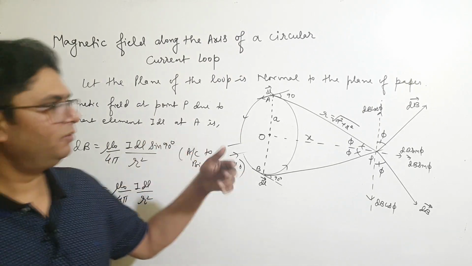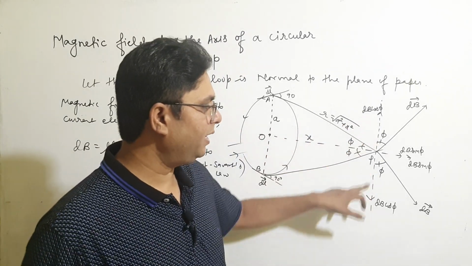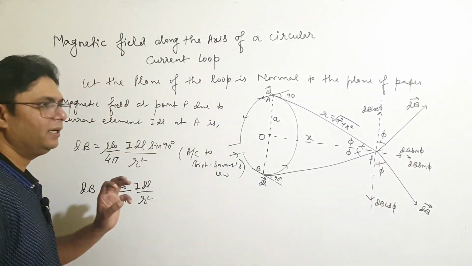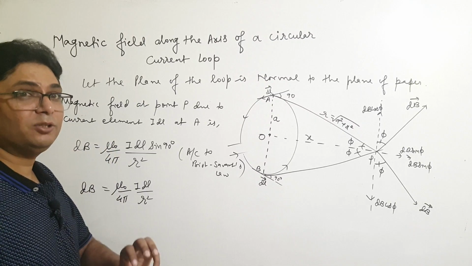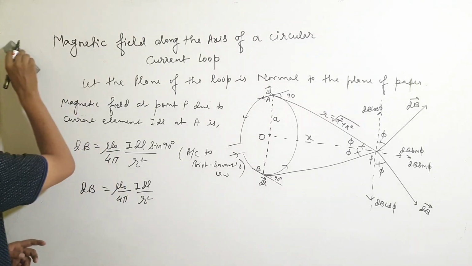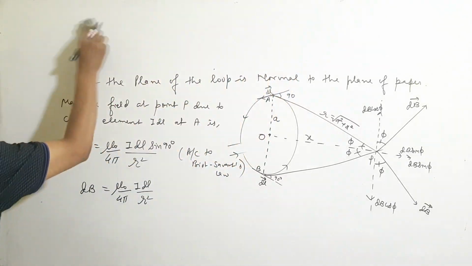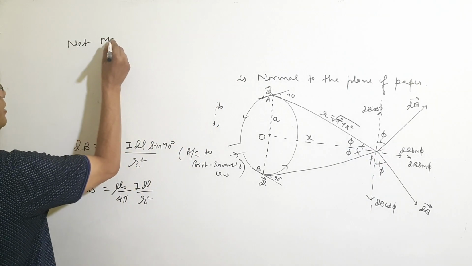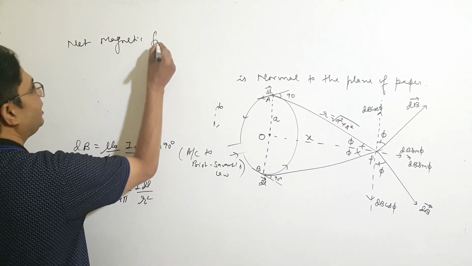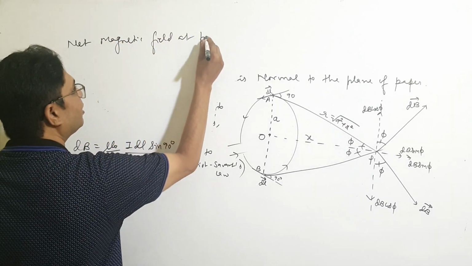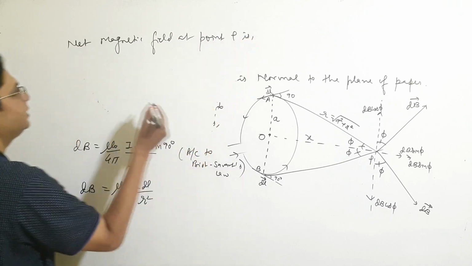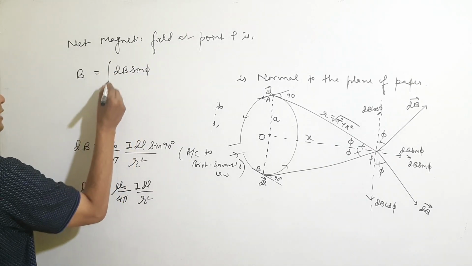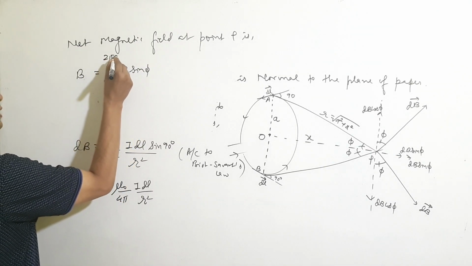As you have seen from this diagram, dB cos phi cancels out and dB sin phi adds up. So the net magnetic field is the integration of dB sin phi. So the net magnetic field at point P, this is B, equals the integration of dB sin phi from 0 to 2 pi a.